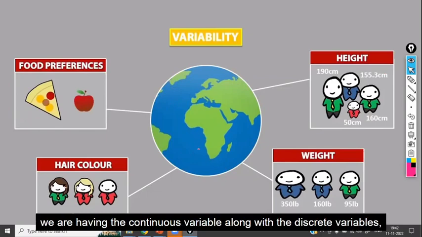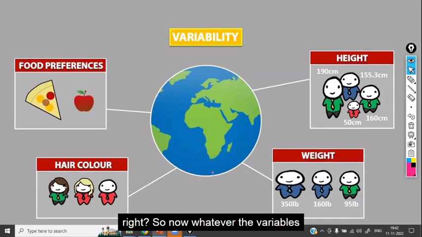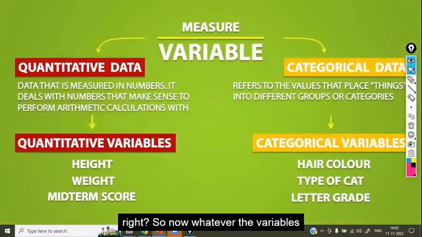So we have the continuous variable along with the discrete variables, right? Now, whatever variables we have are in terms of quantitative data and qualitative data.